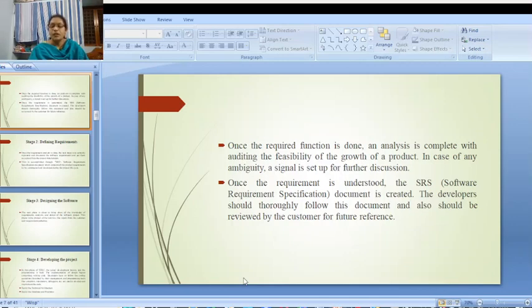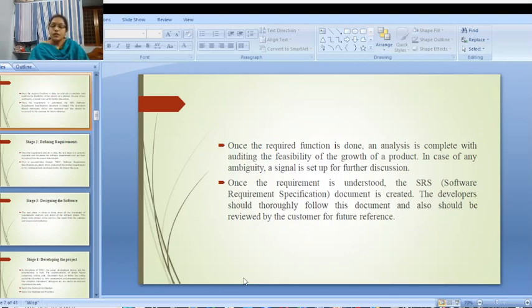Everything will be followed using this requirement analysis and gathering of information. So all this is done in the first stage, that is planning and requirement.